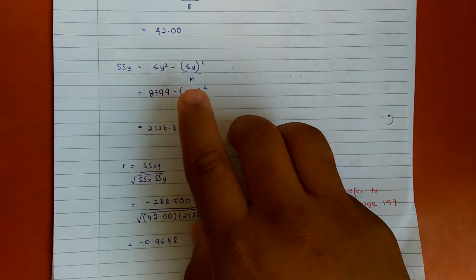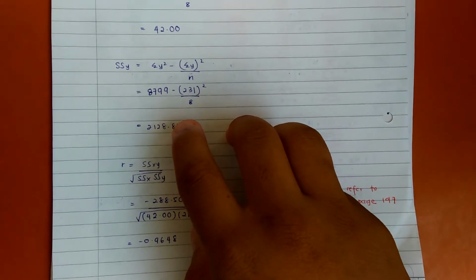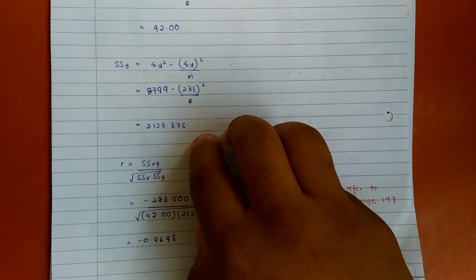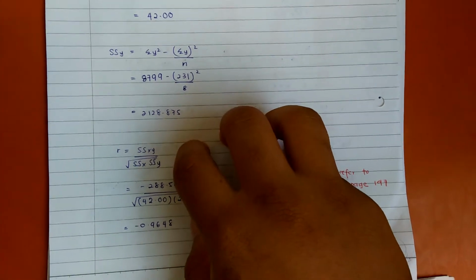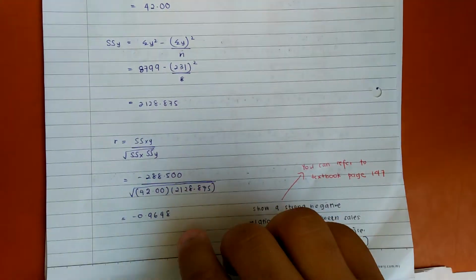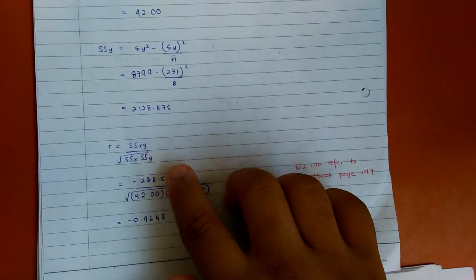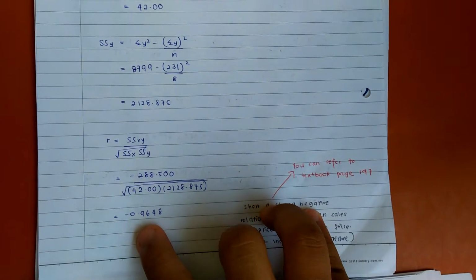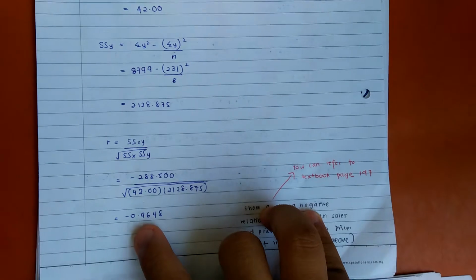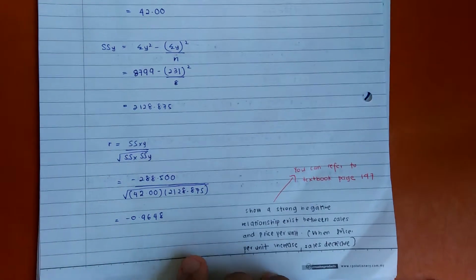As we got all the values for SSXY, SSX, and SSY, we can calculate the value of r. So we just use the values that we got just now in the equation, and we will get the value of r is equal to negative 0.9648.